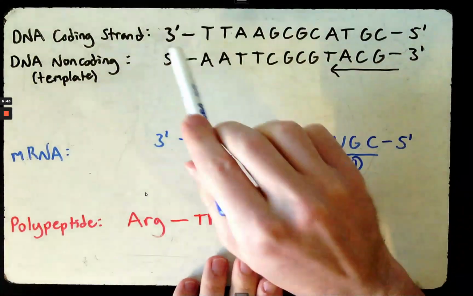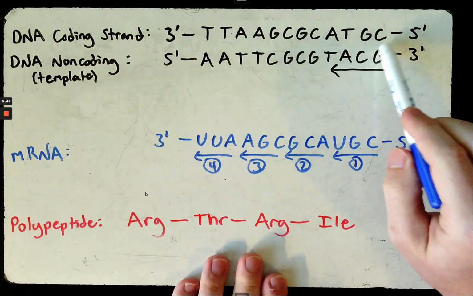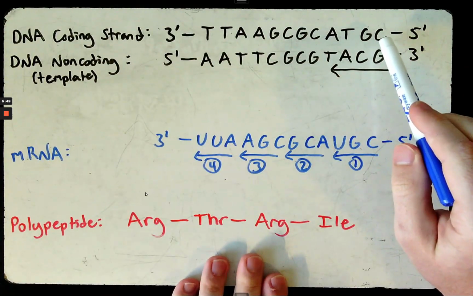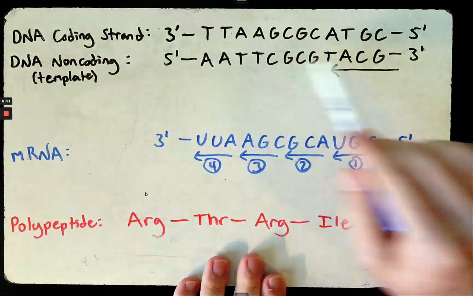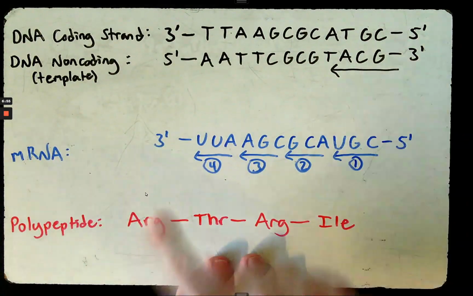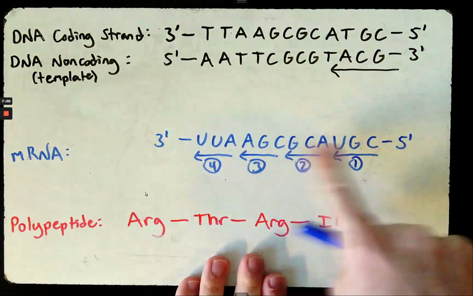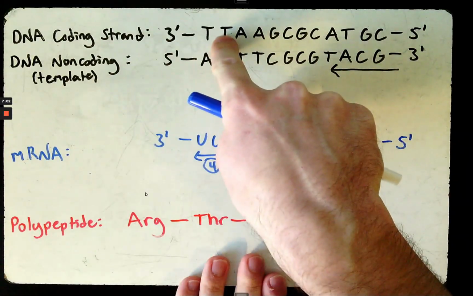Now, if you guys go back up here real quick, just to finish this off, I gave you the coding strand. You technically could have just started with the coding strand, and you don't really need to write the non-coding strand. I mean, you can, because sometimes you're just used to doing that and making the mRNA complementary to this. But really, I know that the mRNA is going to have the same code as the coding strand.